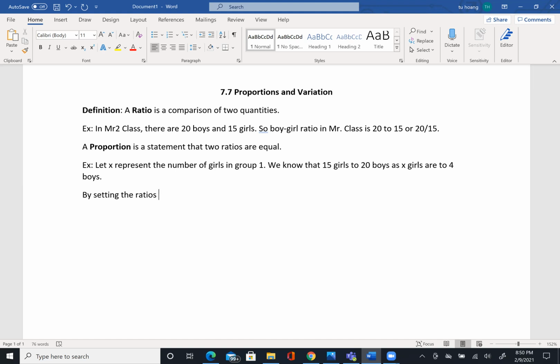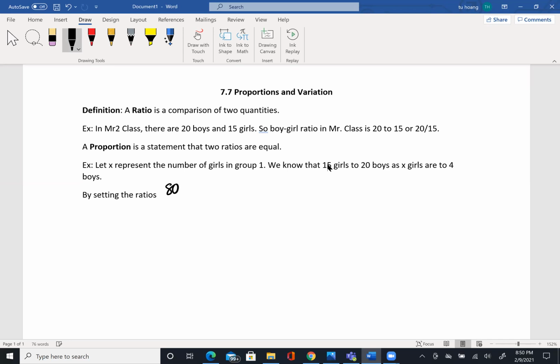Ratio 15 over 20 and x over 4, equal to each other.